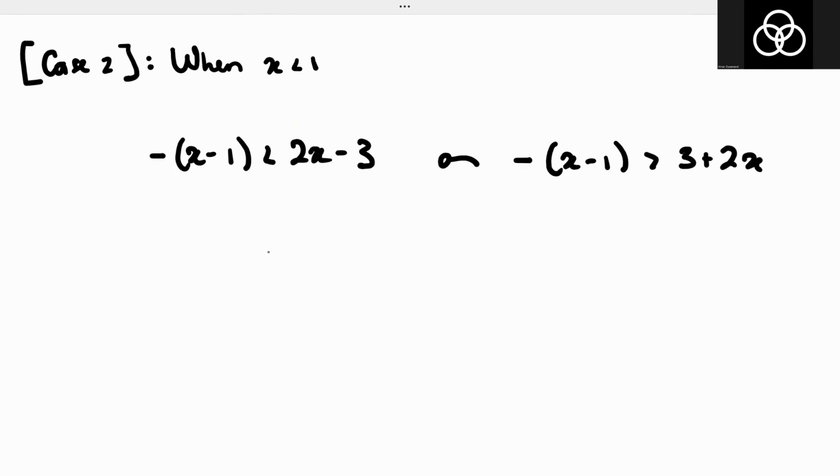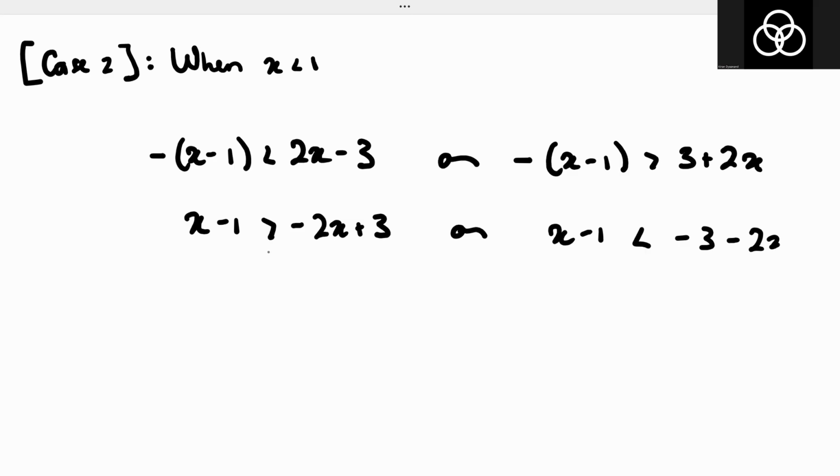Let's see what contributions we have here now. Again, linear inequality, minus sign, so we flip the signs. x minus 1 is greater than minus 2x plus 3, or x minus 1 is less than minus 3 minus 2x. So we could bring the x's over here.